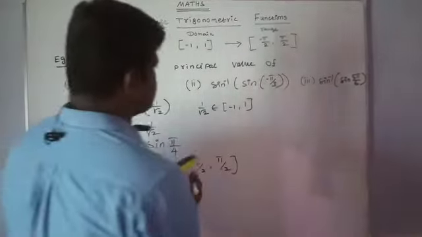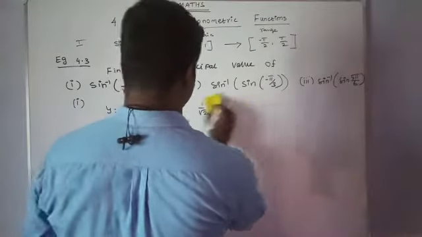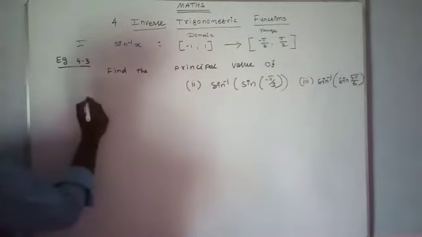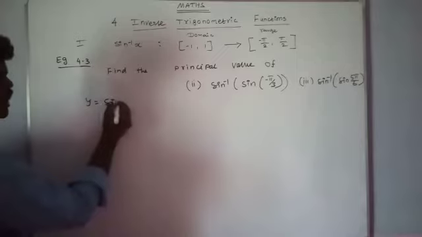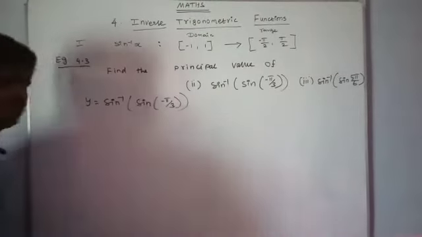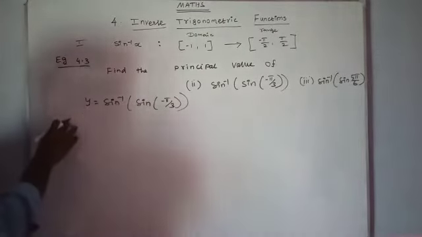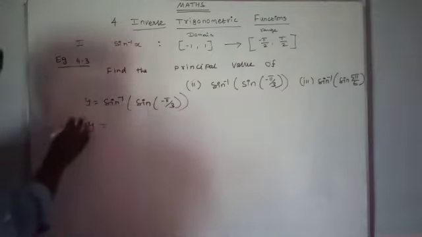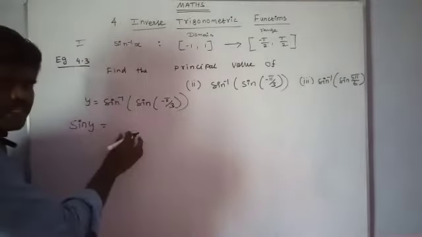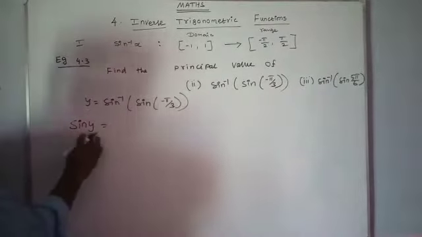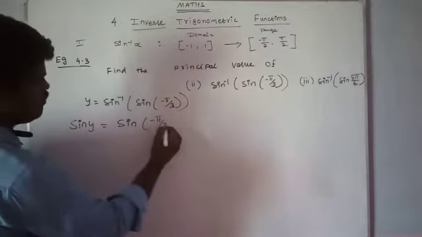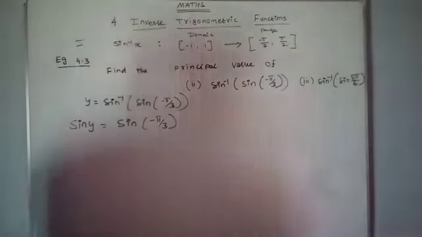Right. And we want to find another one, the second sum. Second one, let y is equal to sin inverse of sin of minus pi by 3. First of all, this sin inverse must become sin y: the sin inverse comes to this side as sin. Right. Now sin y is equal to sin of minus pi by 3.